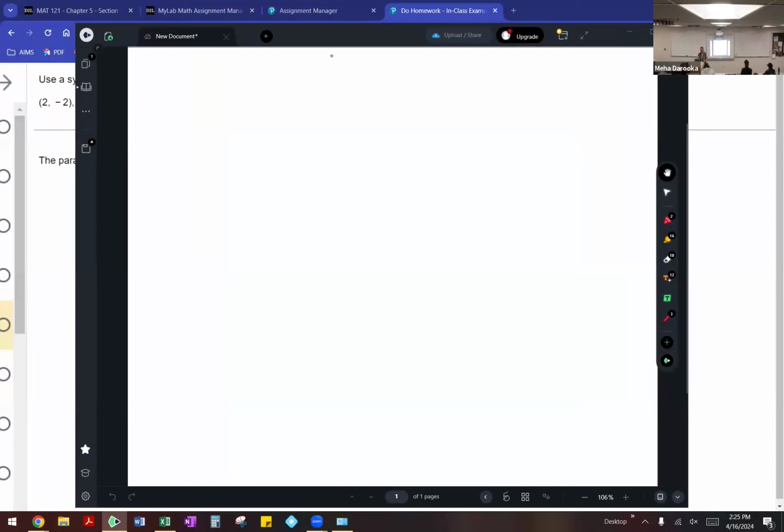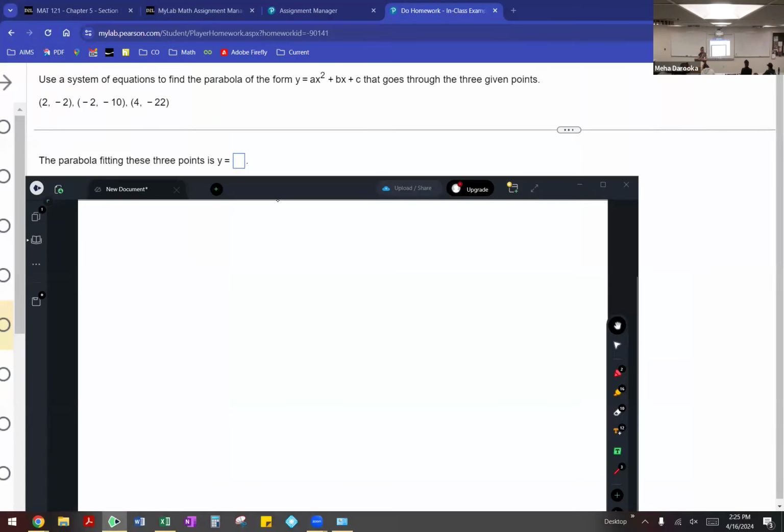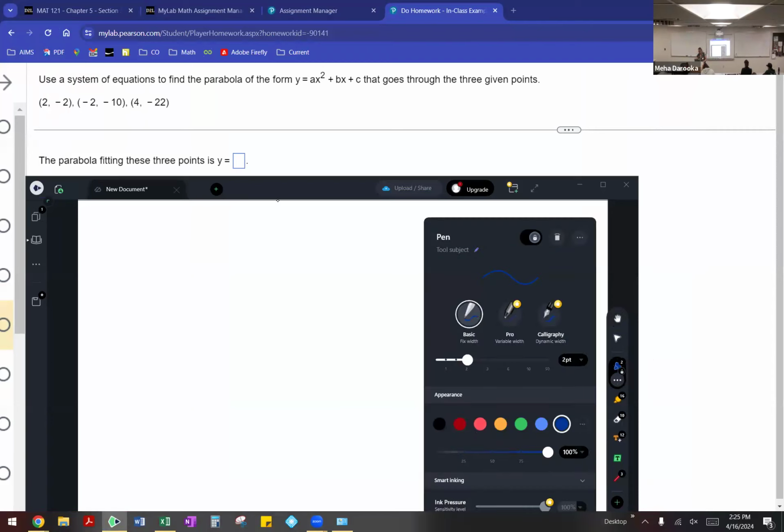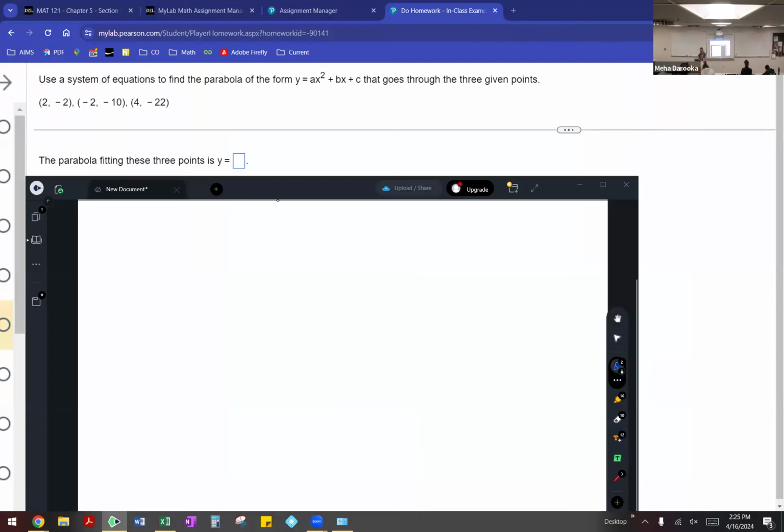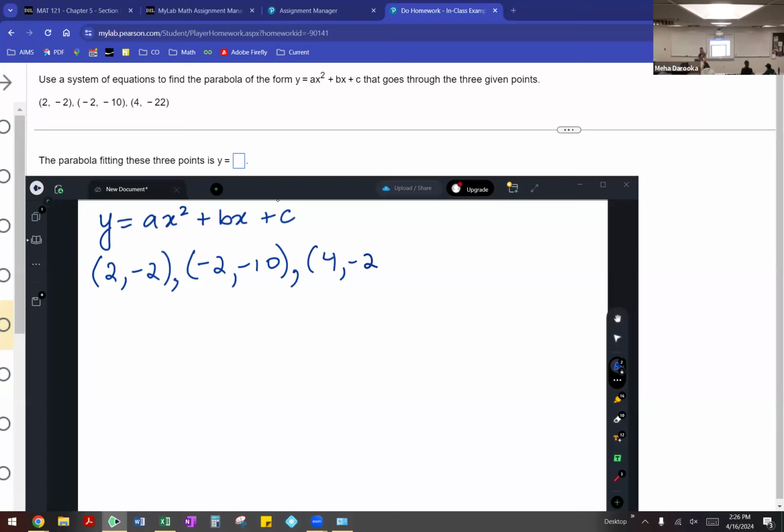Let's copy over our points here. So remember, our ultimate goal is to come up with the equation of the parabola, y = ax² plus bx plus c. And our 3 points that are given to us are (2, -2), (-2, -10), and the third point.